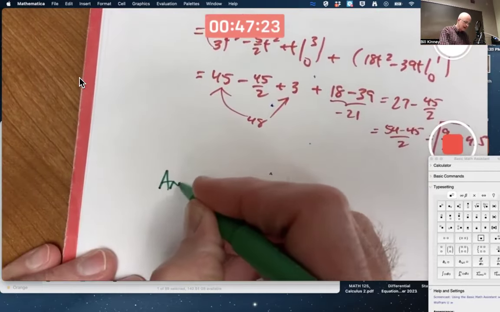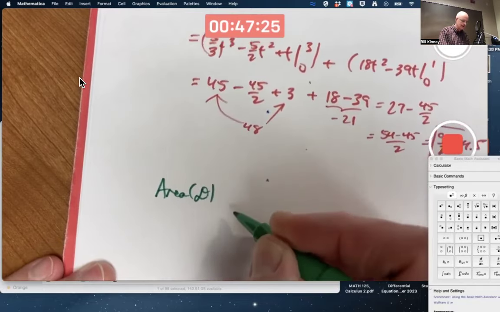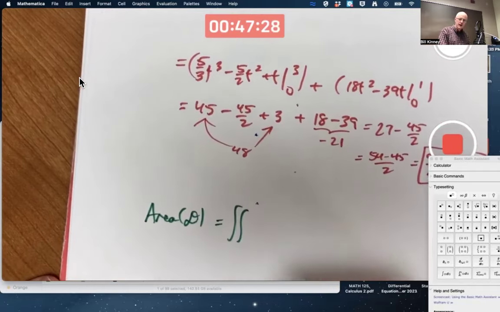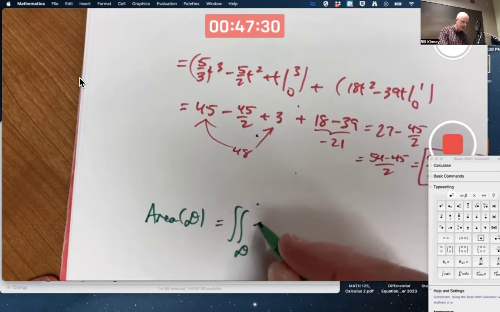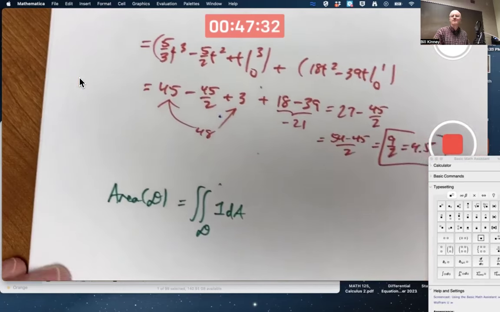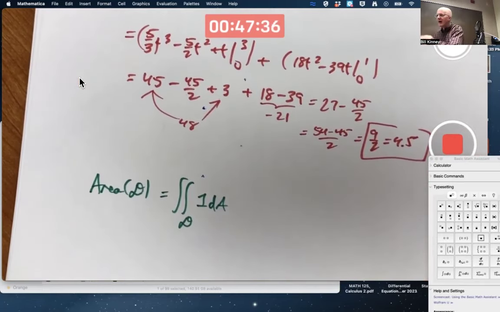The area of D, we know from double integrals, that's the same as doing the double integral of 1. But wait a minute, don't double integrals give you volumes? Yes, they do. But in this case, the volume can be interpreted as an area, because it's the volume of the solid under the graph 1 above the xy plane, area of the base times 1, which is the area of the base.